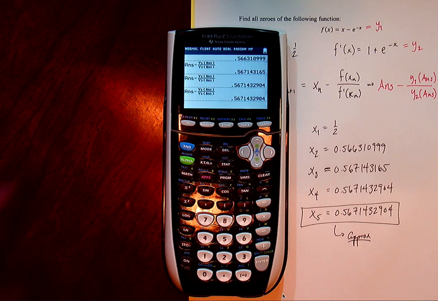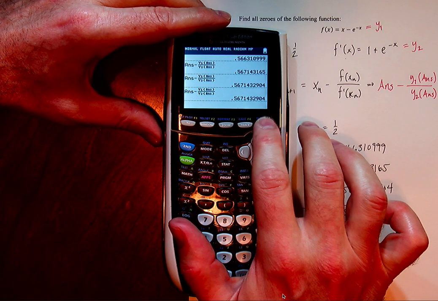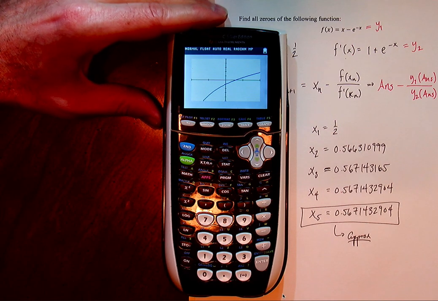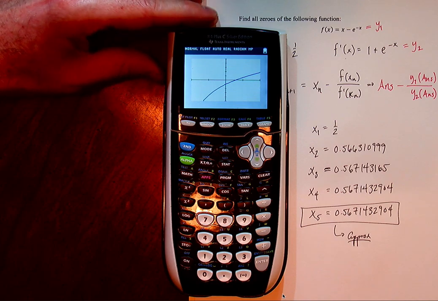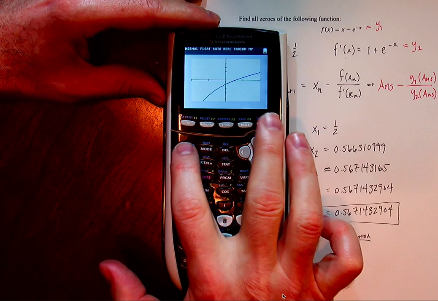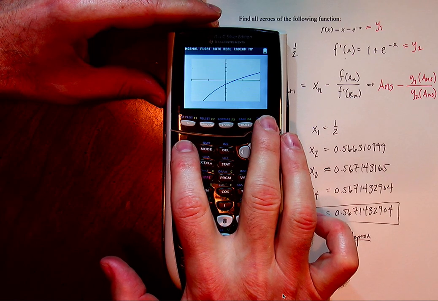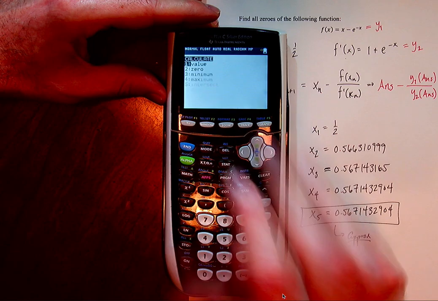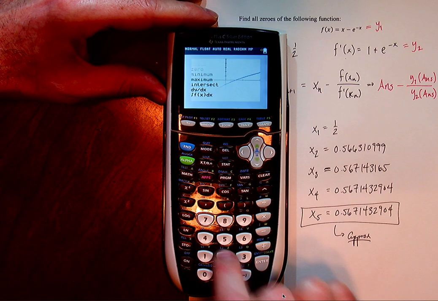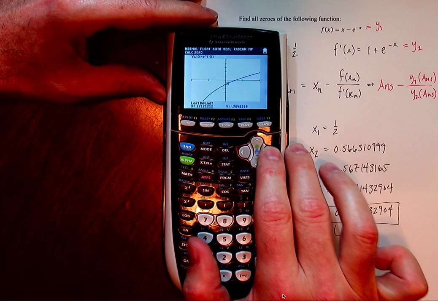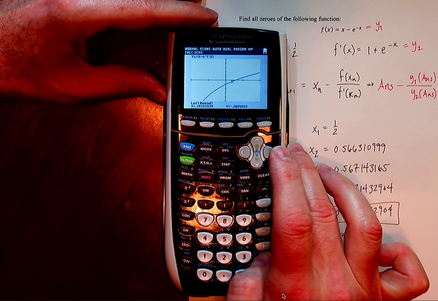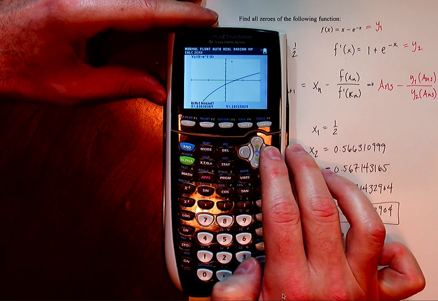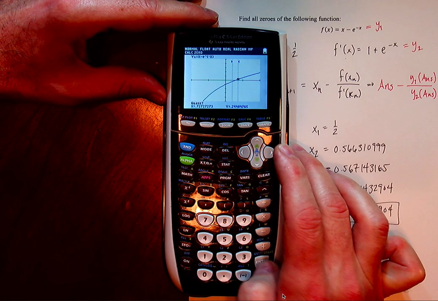And if you go to the graph, and I'm unsure whether your calculator actually uses Newton's method to do this, it wouldn't surprise me if Newton's method was in the programming in order to find this. So I calculate a 0, and I go to my left bound, and I go to my right bound, and I press enter.